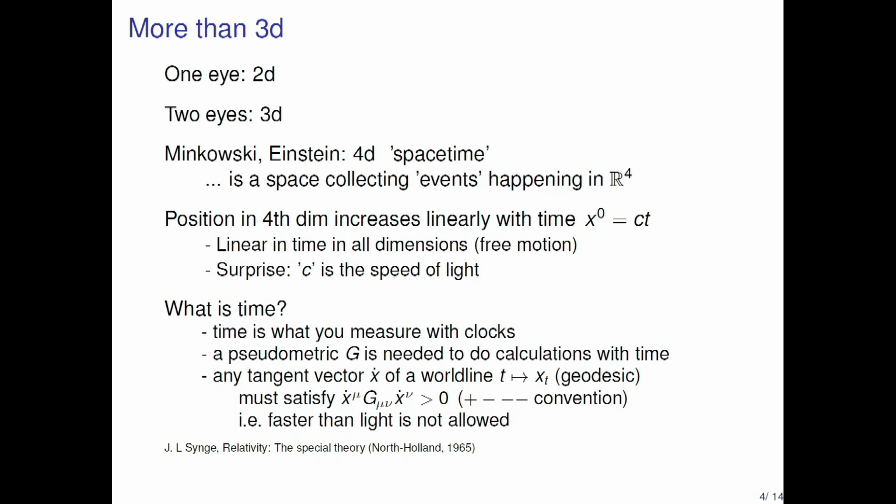An atomic clock going around the Earth with a plane shows a different time than a clock that stays at the airport and doesn't move. So the identification of x0 with time depends on the choice of clock, and you better not do that. And the important point for me is that time is associated with clocks, and a clock is described by a pseudometric.